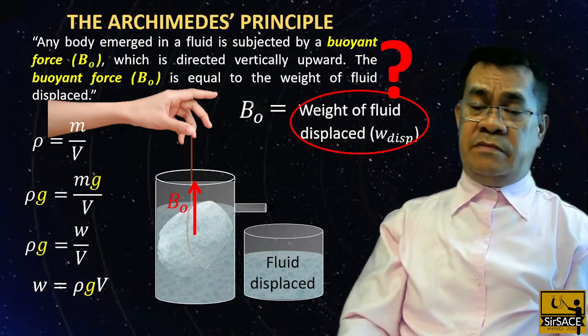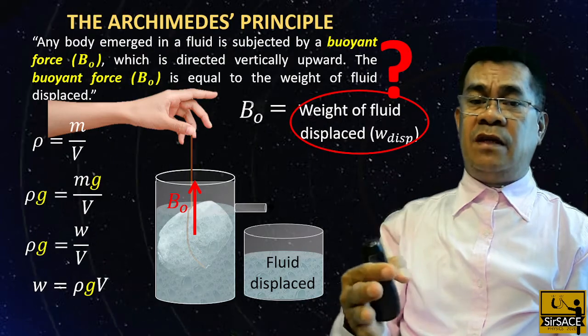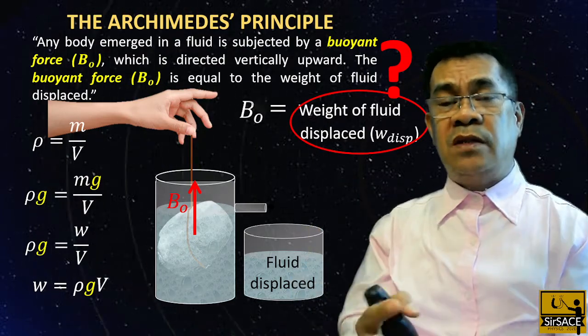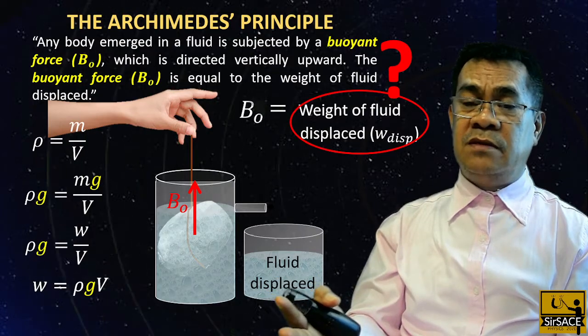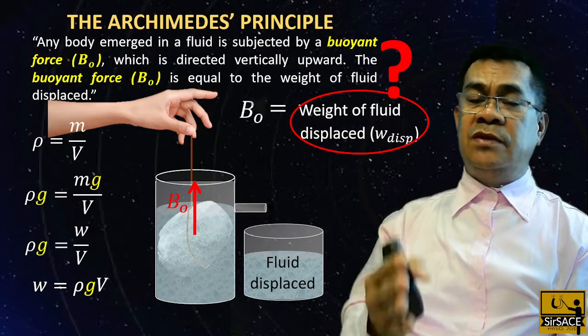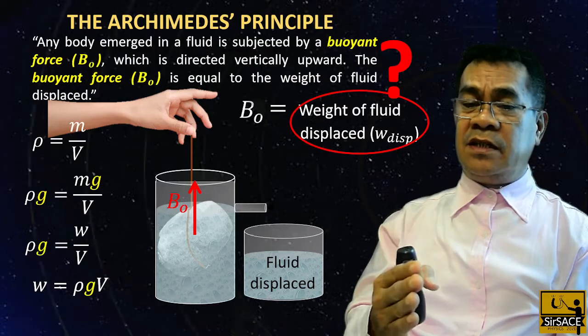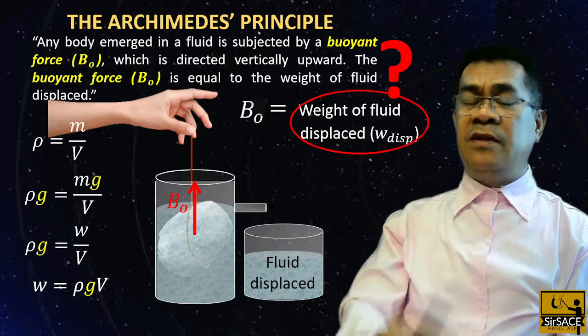That's it, no? And this formula is very helpful if we are calculating the weight of the liquid or the fluid. Why? Because all you need to do is to multiply its density times the gravity times its volume.